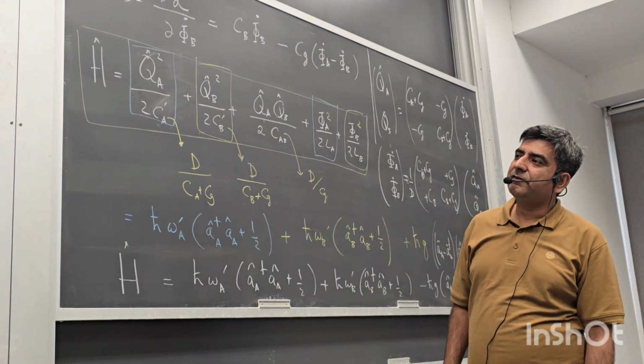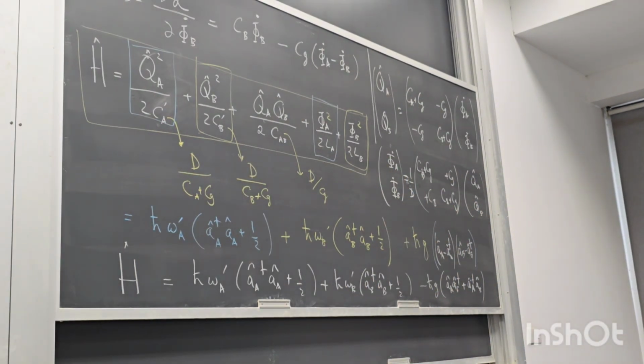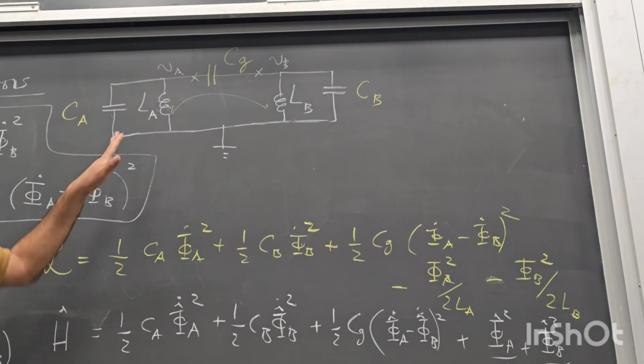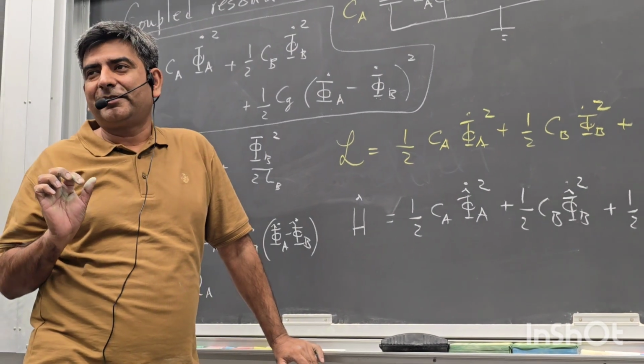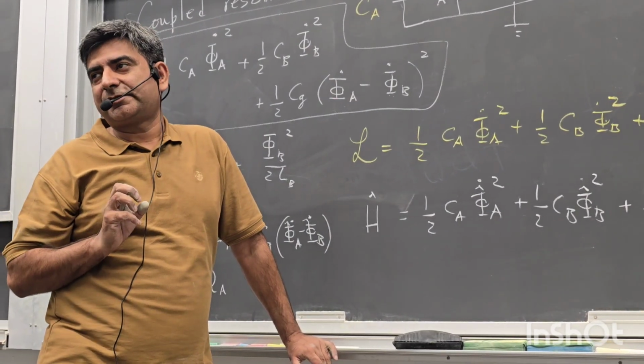So somehow if I cooled this system so that both the oscillators are in the ground state, both the resonators are in the ground state, and then I increase the temperature a little bit, such that only one photon is created in this system.